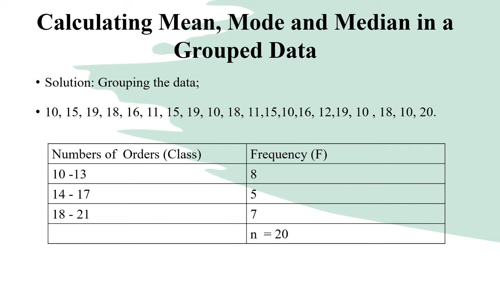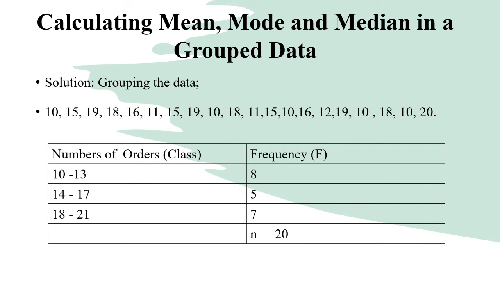Numbers from 14 to 17 are colored black. So we have 1, 2, 3, 4, 5, and a frequency of 5. Numbers between 18 and 21 are colored red. So we have 1, 2, 3, 4, 5, 6, 7, and 7 as our frequency.